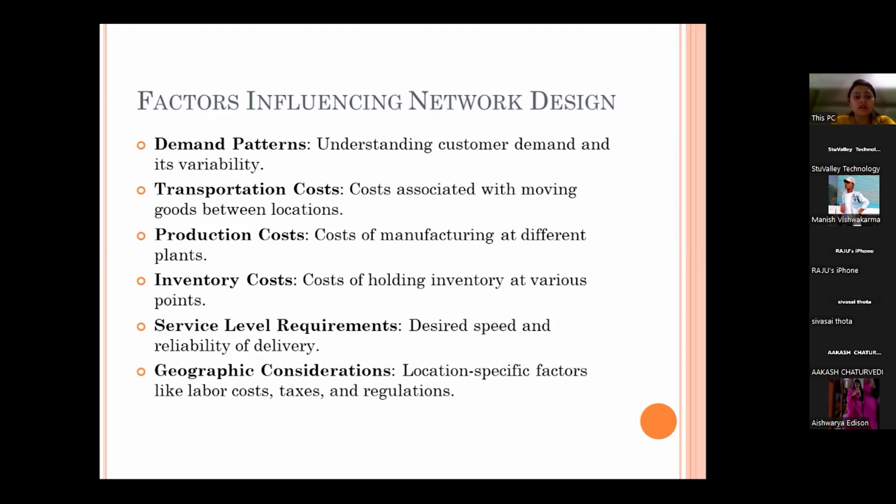Why? To minimize their production cost, their inventory levels, and meet their service level requirements. In small cities, the online order frequency is very low compared to the metropolitan cities.